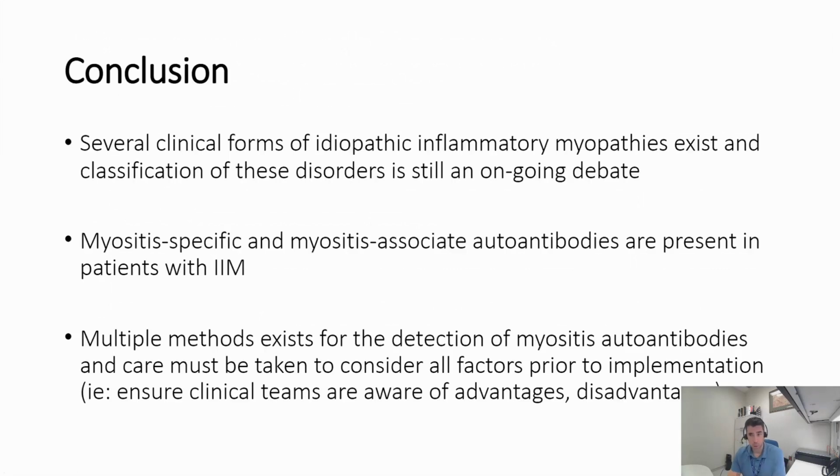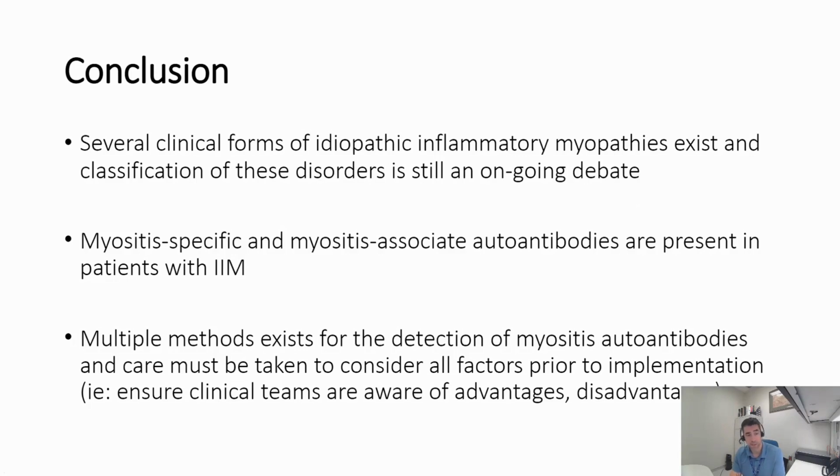So to conclude, there are several clinical forms of myositis, and there is still some ongoing debate associated with the types and the classification of these. Myositis specific and myositis associated autoantibodies are present in patients with myositis.